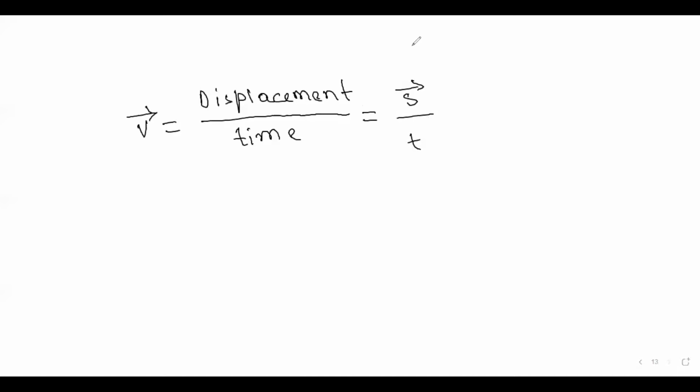And similarly, I can write the instantaneous velocity as we have discussed earlier. So I'm again going to draw a graph here, but this will be a little bit curved graph. This time I'm not drawing the distance time graph, but the displacement time graph.